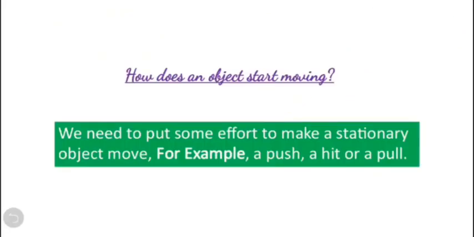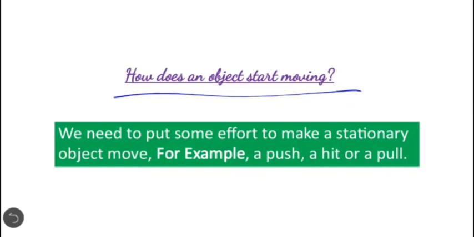So let's start. The first question we come across when we study the chapter force and law of motion is, how does an object start moving? It means, what are the things which can move an object?